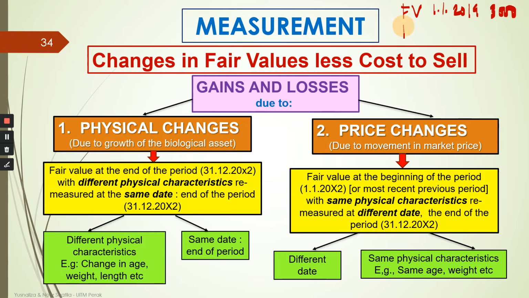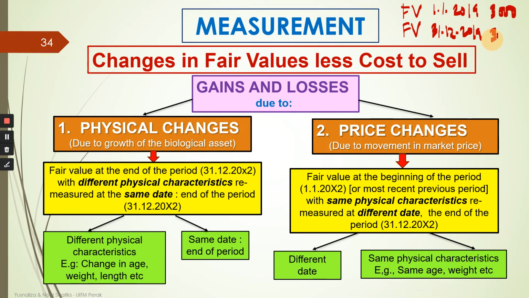Maybe the same cow, a similar cow at the same age, on 31st of December 2019, may have a different fair value or may have an increase in the price.